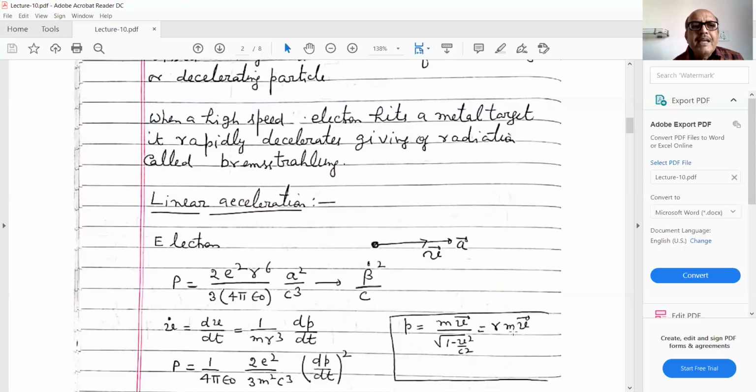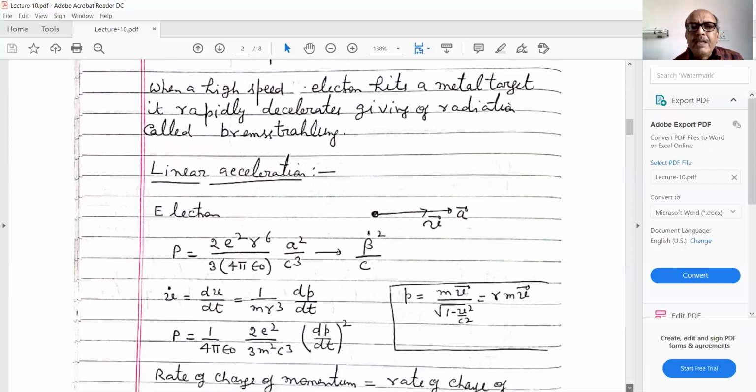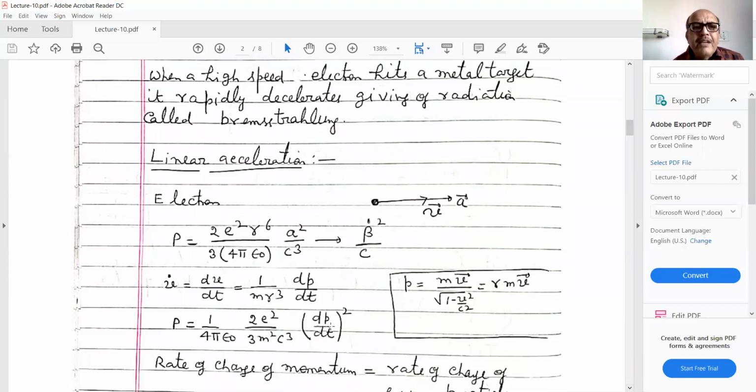If you differentiate this expression for the momentum and find the value of p dot, you can easily verify that dp over dt comes out to be m gamma cube into v dot. You can work it out. So by making use of this formula for the momentum, it is the formula for a relativistic particle.